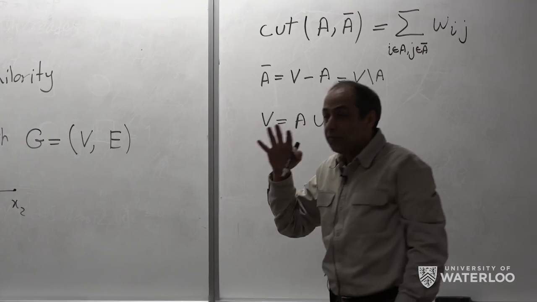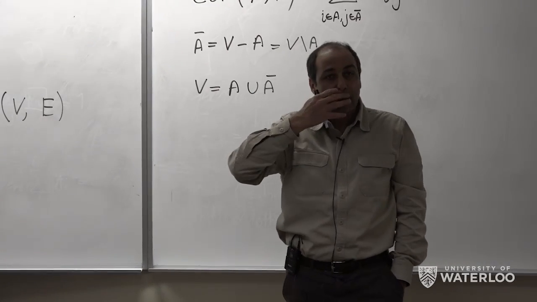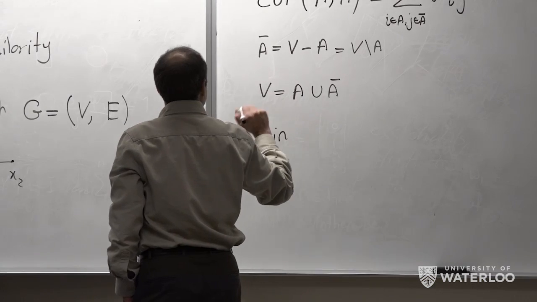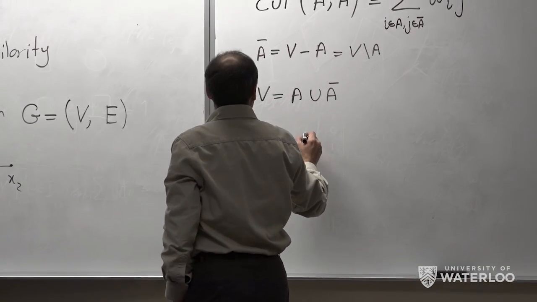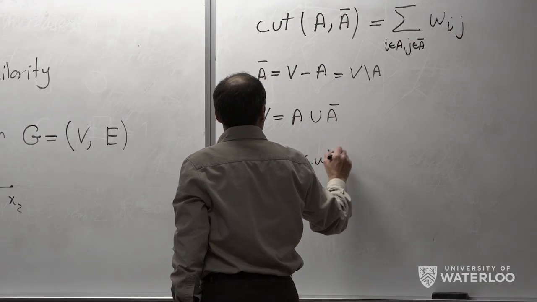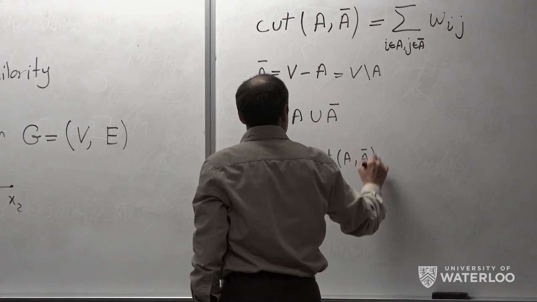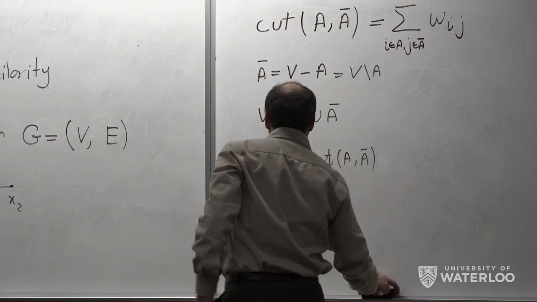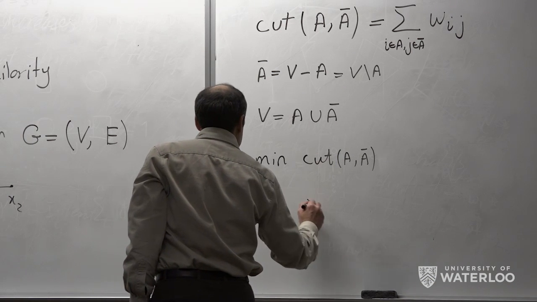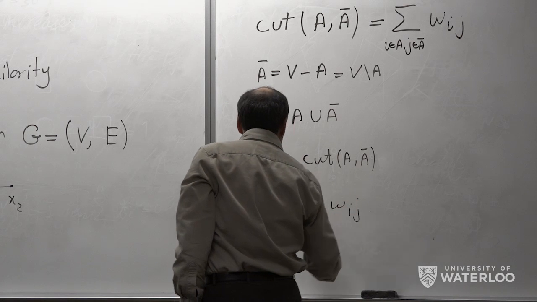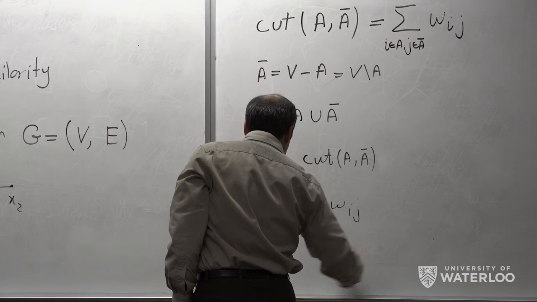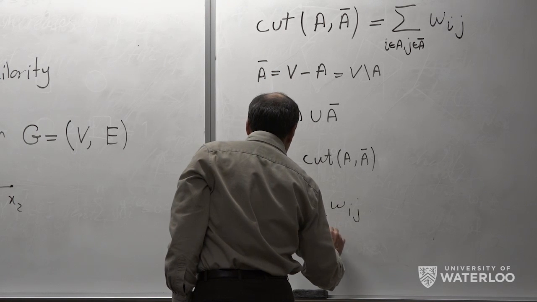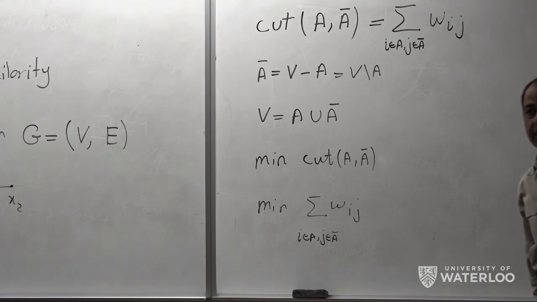So basically, if you agree with the intuition that I share with you, I need to minimize the cut, or I need to minimize the summation of Wij when i comes from one set and j comes from the other one. Okay?